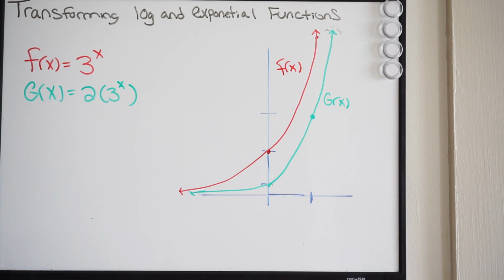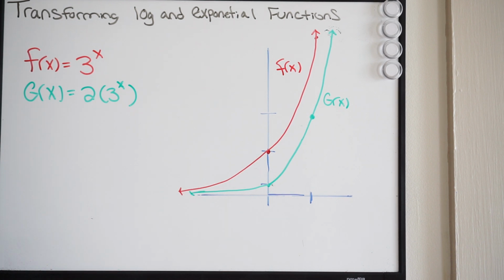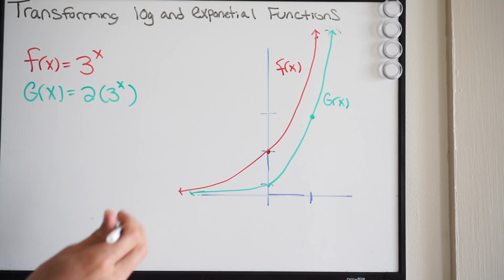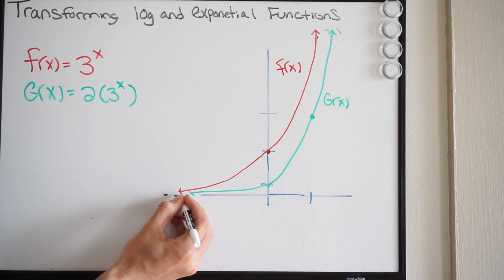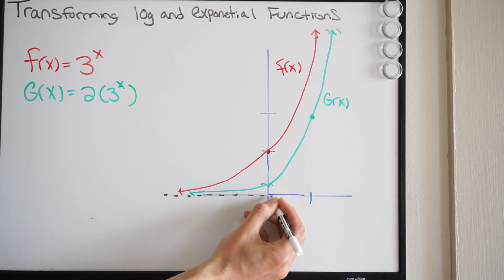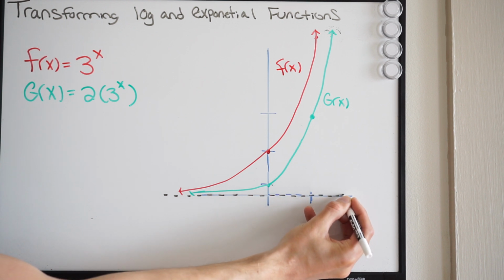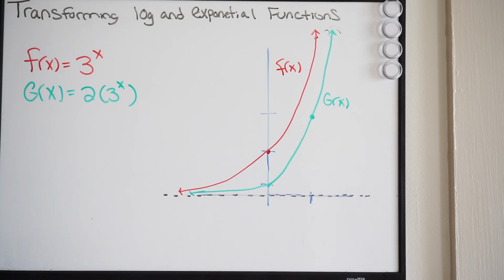So for example, at y equals 0, if I were to draw in a dotted line at y equals 0, let me go ahead and do that. Let me pick a color here that will show up. So at y equals 0, we have a dotted horizontal line, because at y equals 0, it'll be a horizontal line. Well, what's going to happen here?